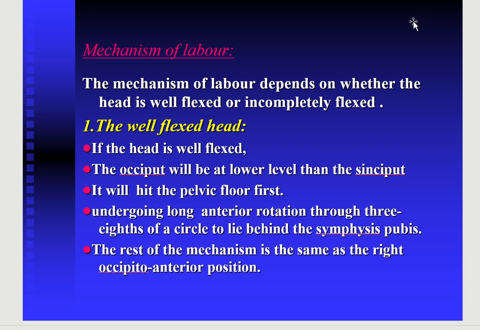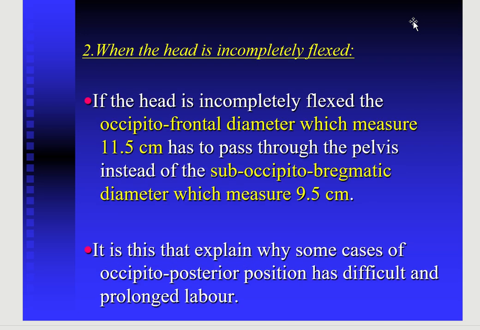So the occiput comes behind the pubic symphysis like the normal vertex presentation, and the rest of the mechanism will be the same as in occipito-anterior position.